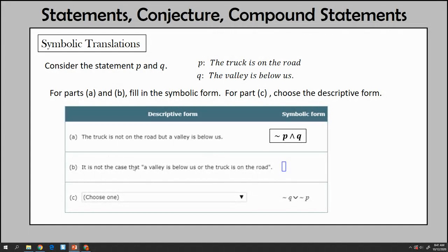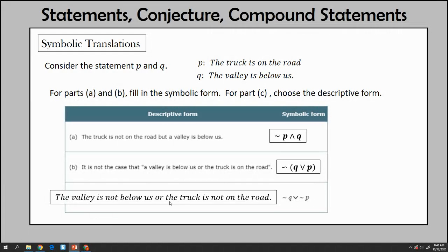But we want the opposite of this. So we're going to group this Q or P. I'm going to group it, and then I'm going to take the negation of that answer. That's what it's asking us to do. Parentheses, these are called parentheses. Okay. Then part C, negation of Q or negation of P would be the valley is not below us or the truck is not on the road.